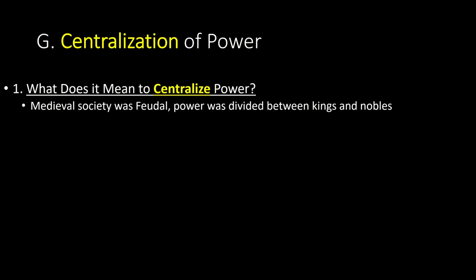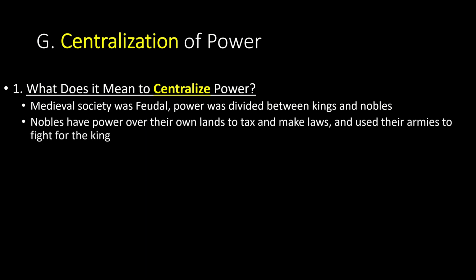And on their land, they got to make up the rules, their own taxes and their own laws, and they had their own armies, and they had what's called autonomy. Autonomy means they did their own thing, kind of. Did they have a king? Yeah, they acknowledged that there was a king, but they had a lot of power over their own land.